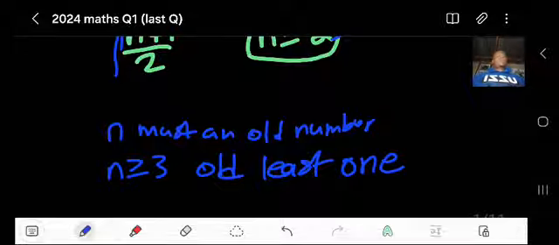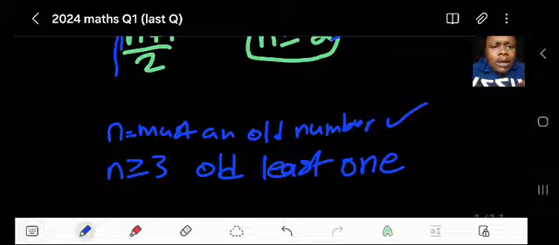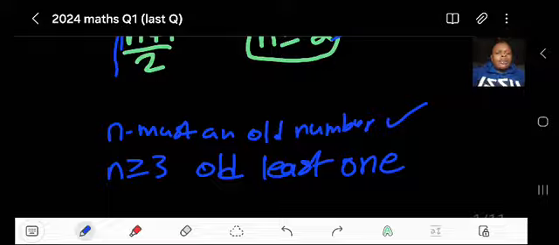The examiner will understand what I'm trying to say. Let me just state that n must be an odd number.